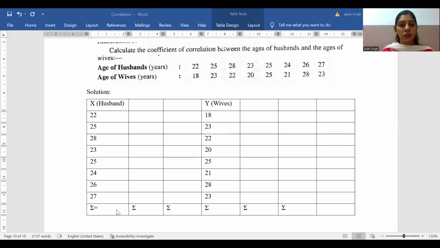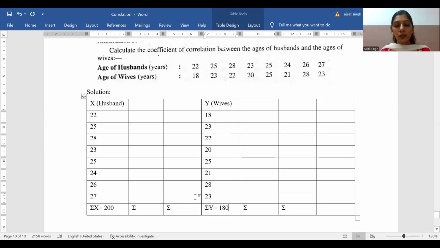So this is 200. And sum of y is equal to 18 plus 23, plus 22, plus 20, plus 25, plus 21, plus 28, and plus 23. So the answer is 180.